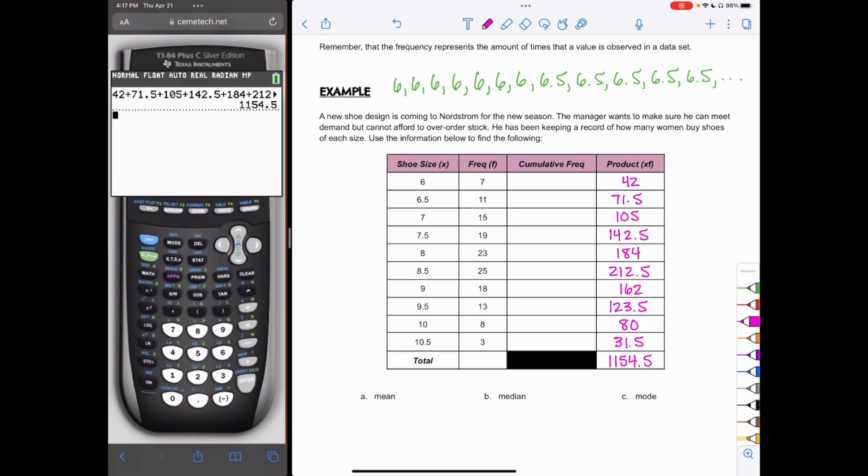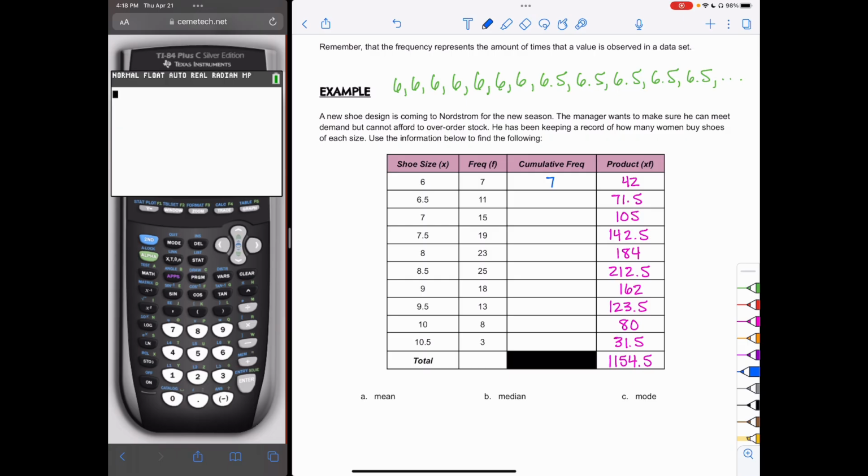All right. So now let's talk about cumulative frequency. Cumulative frequency is basically adding up your numbers as you go. It's like taking a running total. When you begin your cumulative frequency, the starting cumulative frequency is going to be equal to the frequency of the first number. So my first number is 7, and then I have 11 6.5s.